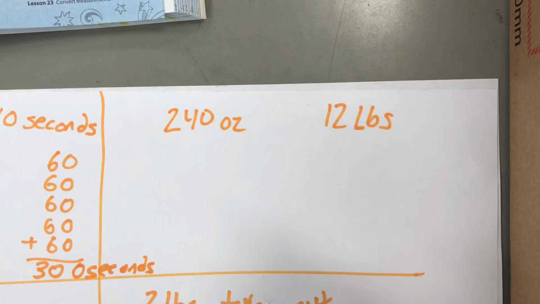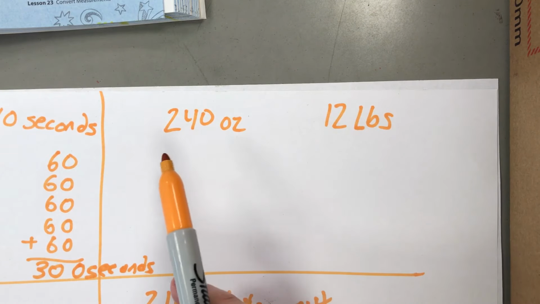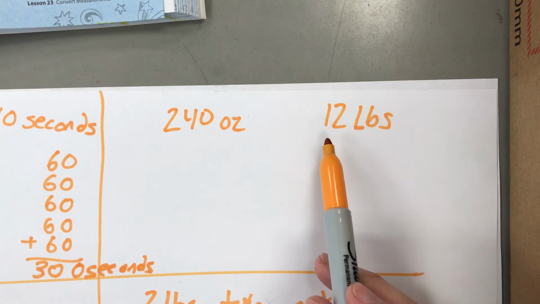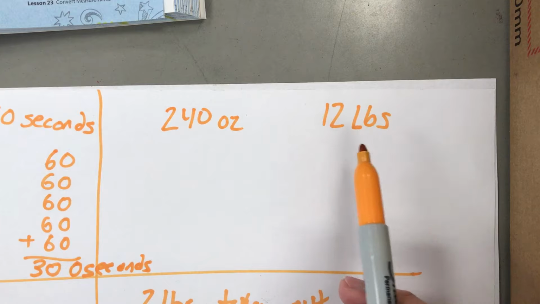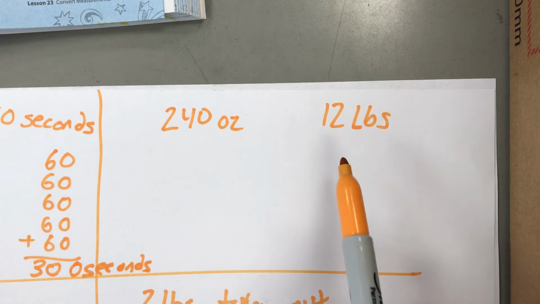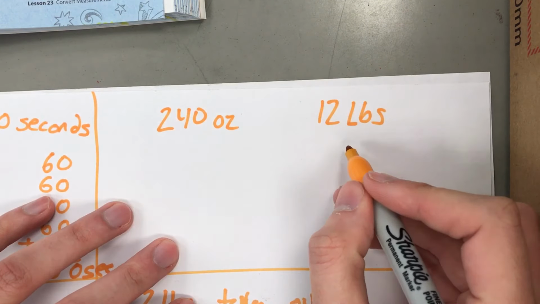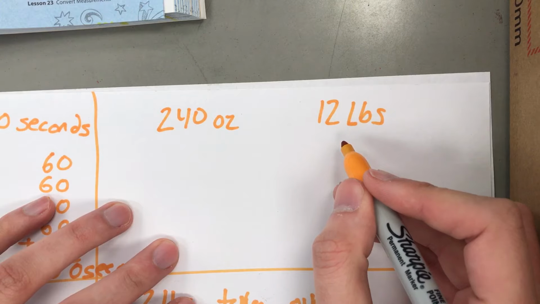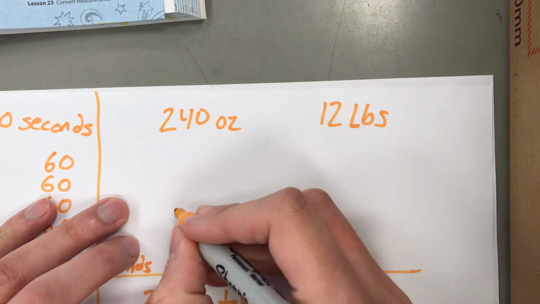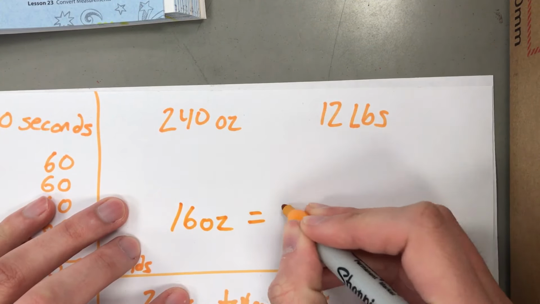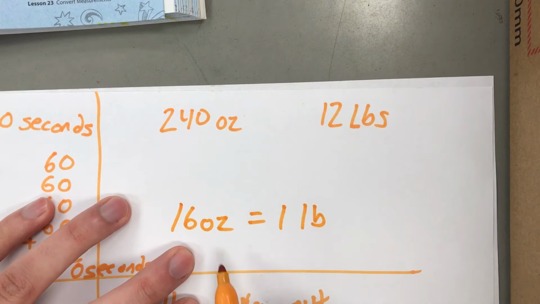You go to the store and it doesn't say in pounds, but it says in ounces, and it says that it will hold 240 ounces. You want to see if Fluffy can fit in this thing. Okay, so first of all, we need to know how many ounces are in a pound. Well, there are 16 ounces in 1 pound.